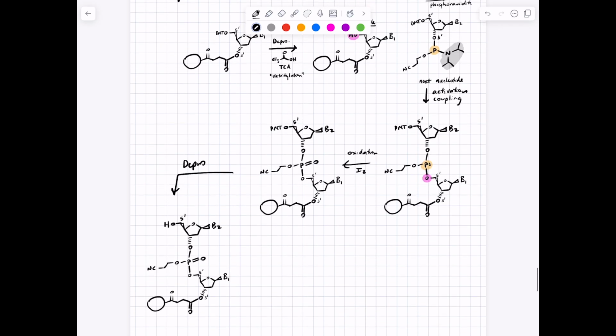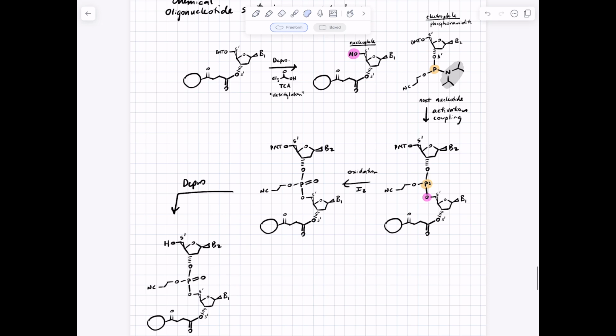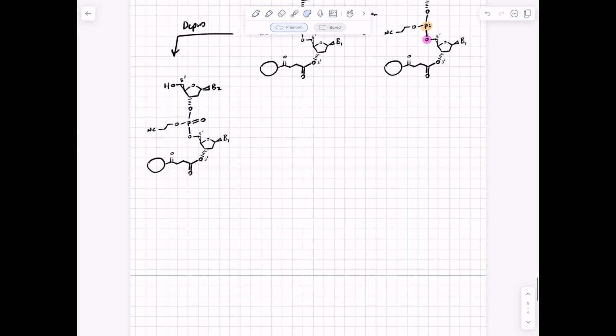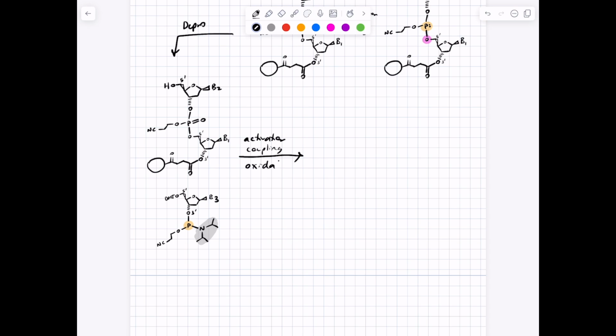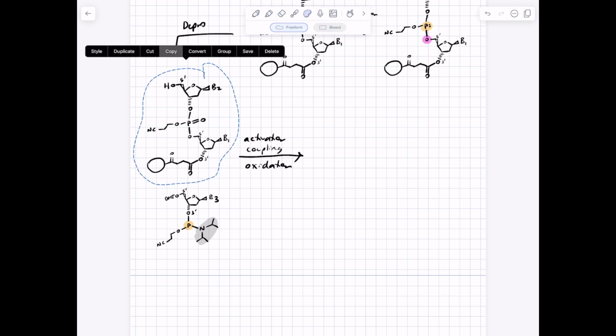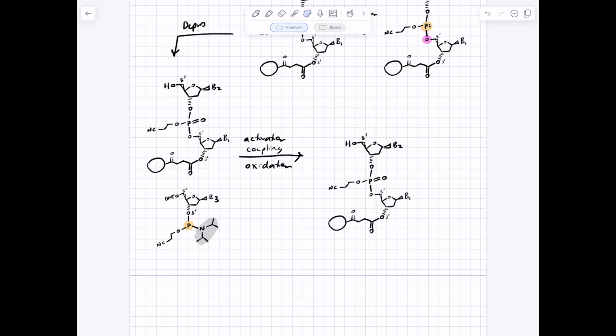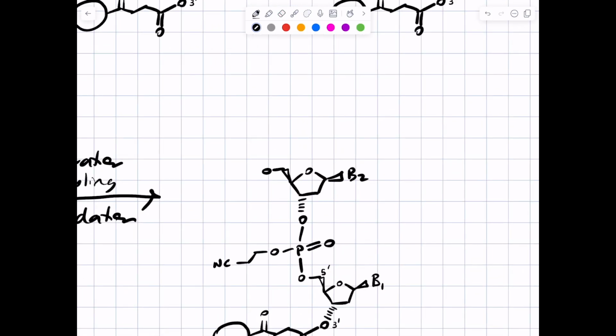Then we'll bring in the next phosphoramidite, which we'll call B3, and after activation, coupling, and oxidation, we'll get our third nucleotide unit on there. That would look like this.